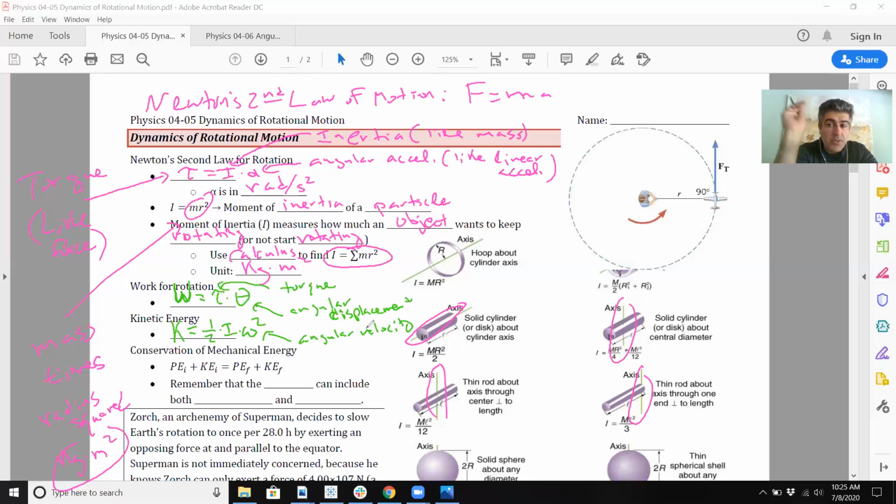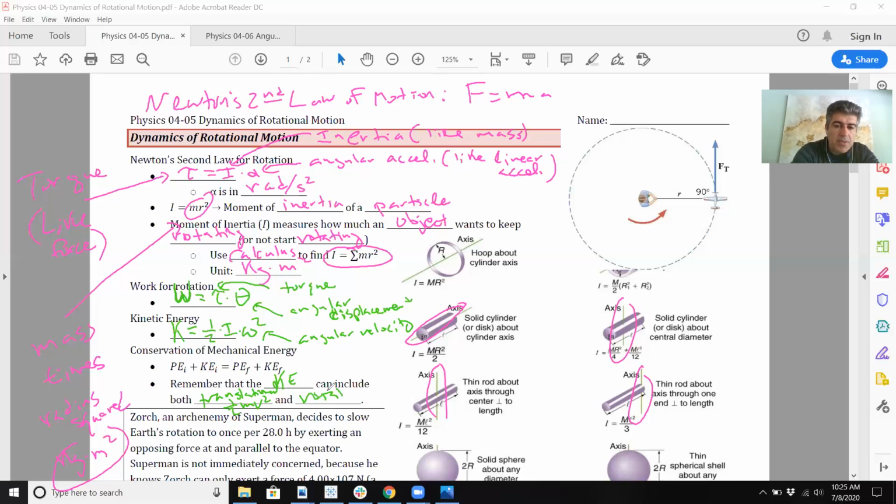Conservation of mechanical energy still applies to rotational motion. The initial potential energy plus the initial kinetic energy equals the final potential energy plus the final kinetic energy. Remember that KE, the kinetic energy, can include both translational, which is going to be 1/2 mv squared, which we did week 3, and rotational.